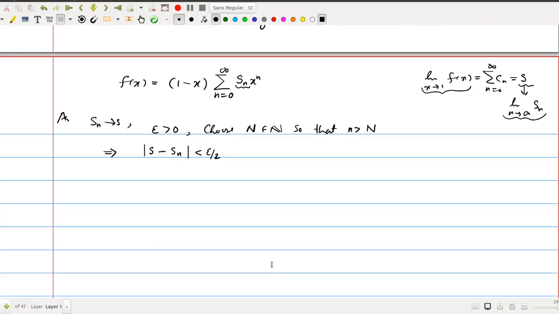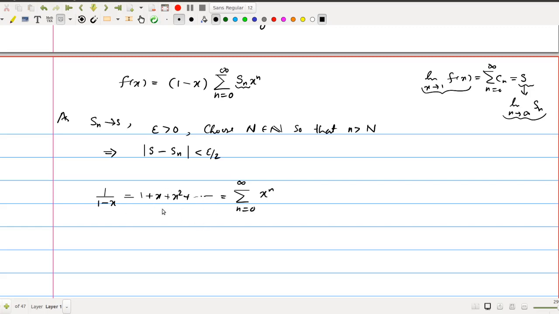Now we know that 1 by 1 minus x will be 1 plus x plus x square etc., or the other way you can write it as summation n equal to 0 to infinity x raised to n. Since mod x is less than 1, this can be considered as an infinite GP.